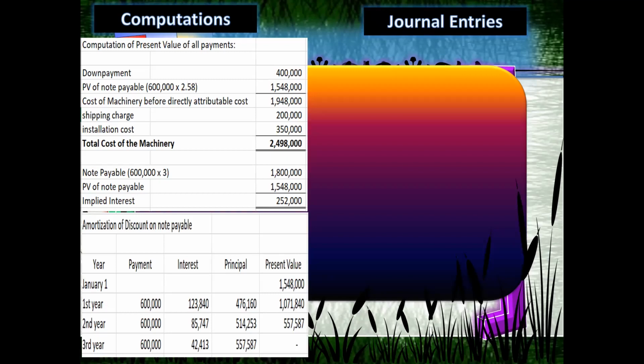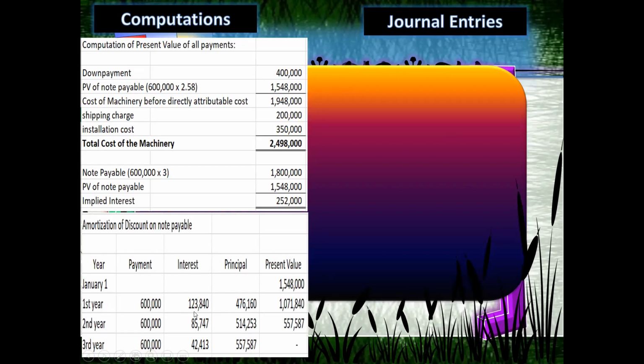Okay? So, how do we do this? No? Yung amortization ng discount on note payable. So, first is, mag-start tayo with the present value of the note. So, ito, na-compute natin by multiplying 600,000 by 2.58. So, your second column here is for the payment. So, 3 beses lang siya bababayad, 600,000 each year.